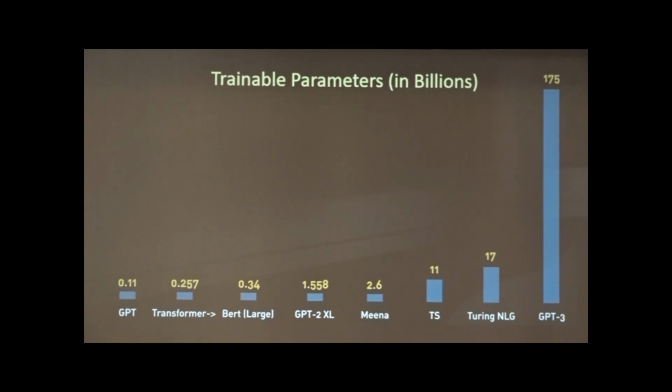Yesterday we have seen this model, right? And this T5 model, there is a model called Meena, I heard of it for the first time, because I haven't focused much on this one. T5 is with 11 billion, Turing-NLG with 17 billion, and the GPT-3 version with 175 billion parameters. Just imagine a simple neural network with 2 inputs, 2 hidden nodes in a single hidden layer, and one node in the output layer.